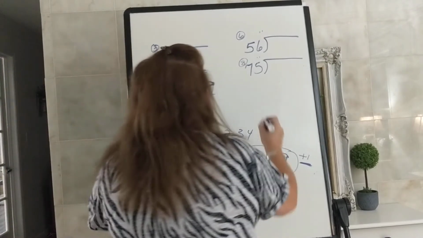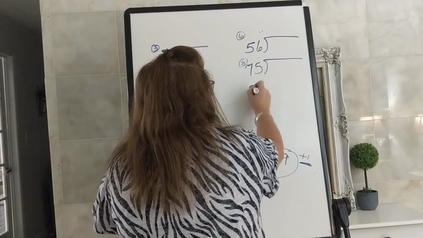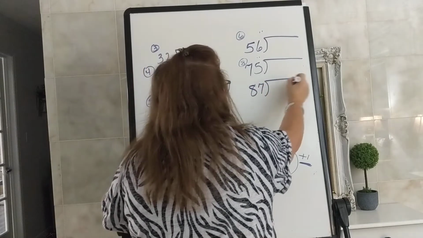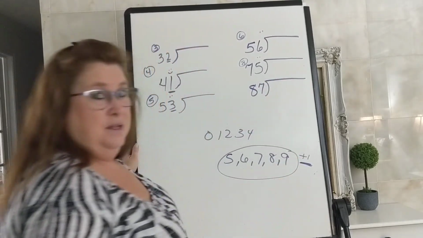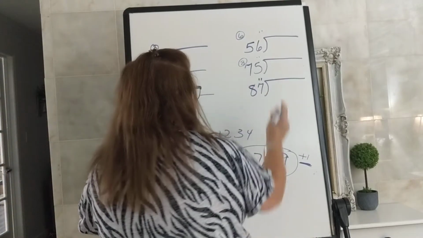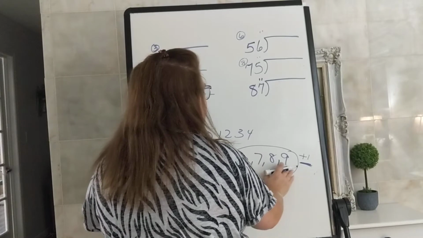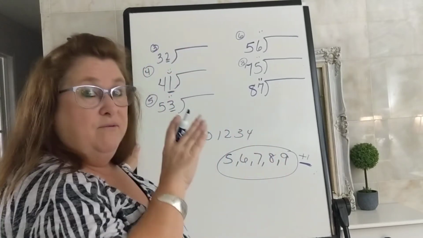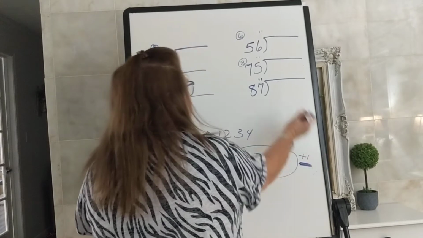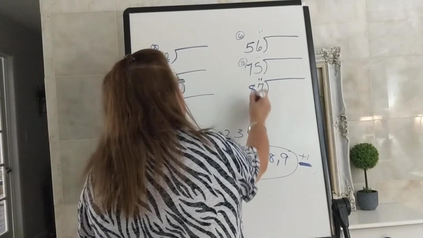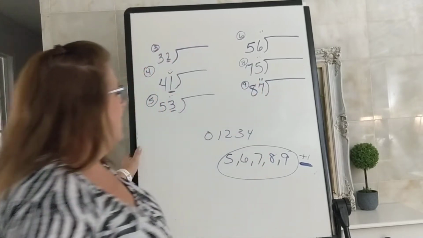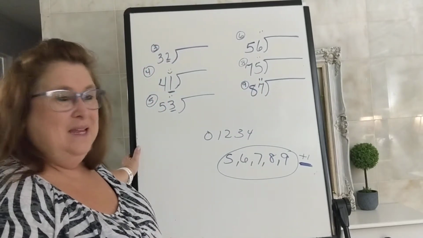Let's say we have the number 87 as our divisor. We always look at the second digit. If it's 5, 6, 7, 8, or 9, or if it's more than 4, then we will add 1 to the digit in front of it. 8 plus 1 is 9. So our pretend divisor would be 9.